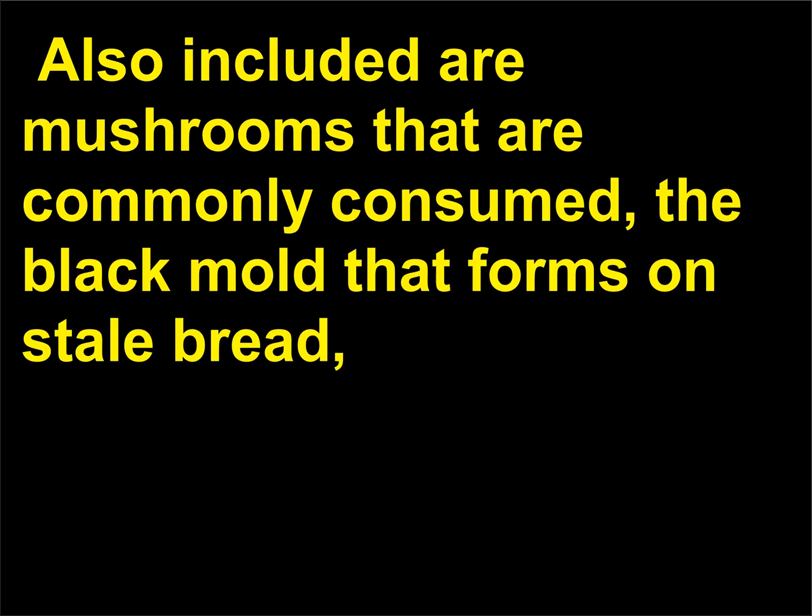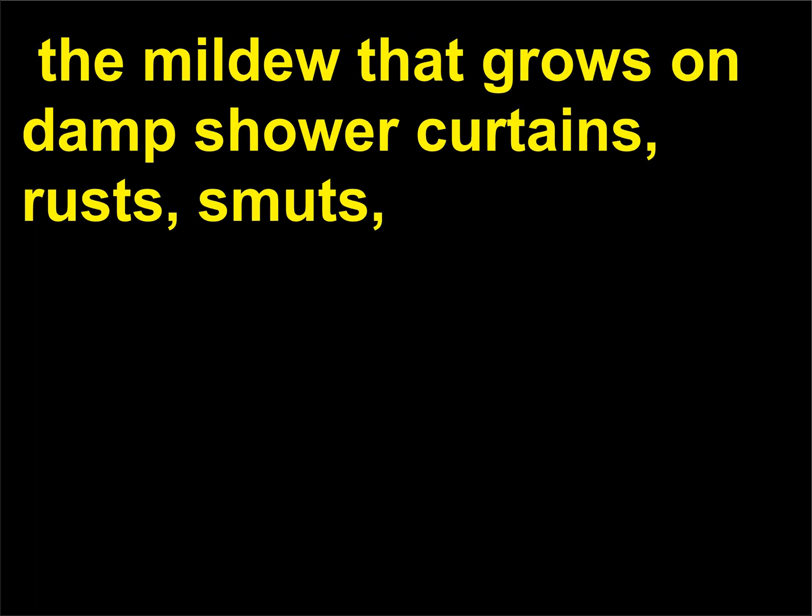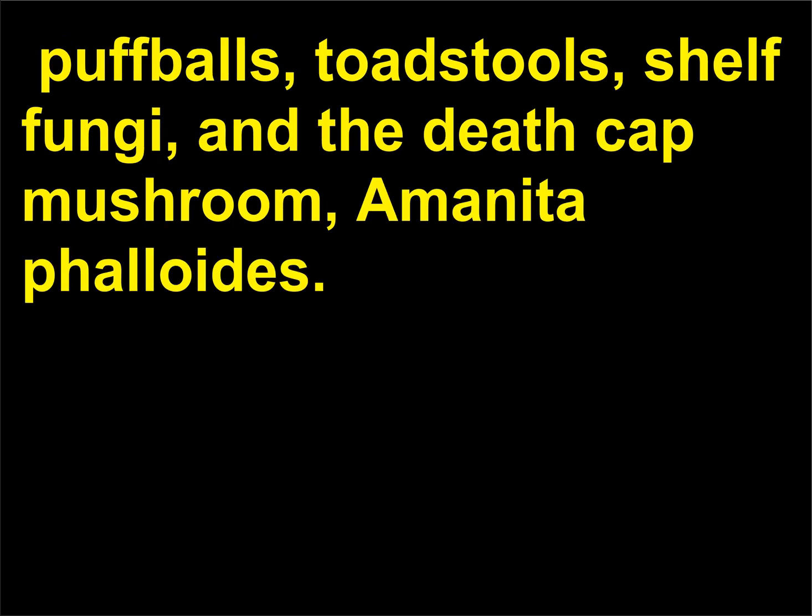Also included are mushrooms that are commonly consumed, the black mold that forms on stale bread, the mildew that grows on damp shower curtains, rusts, smuts, puffballs, toadstools, shelf fungi, and the death cap mushroom, Amanita phalloides.